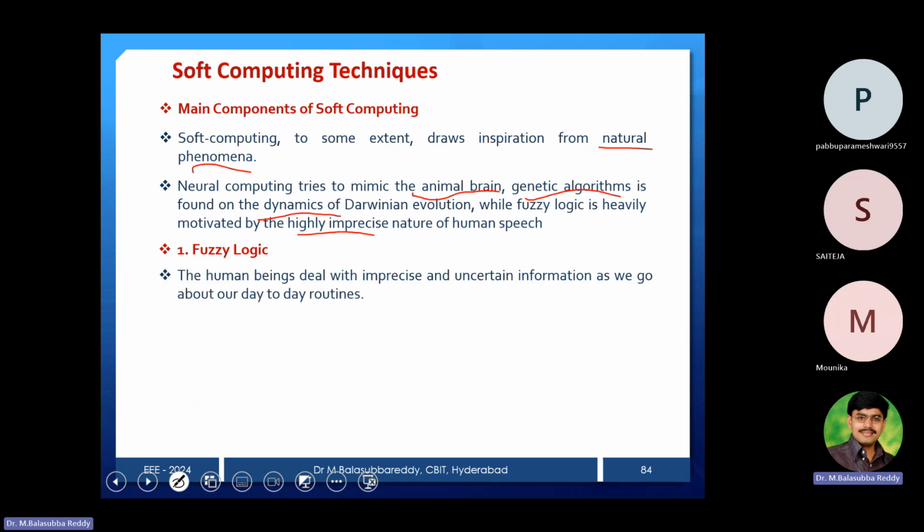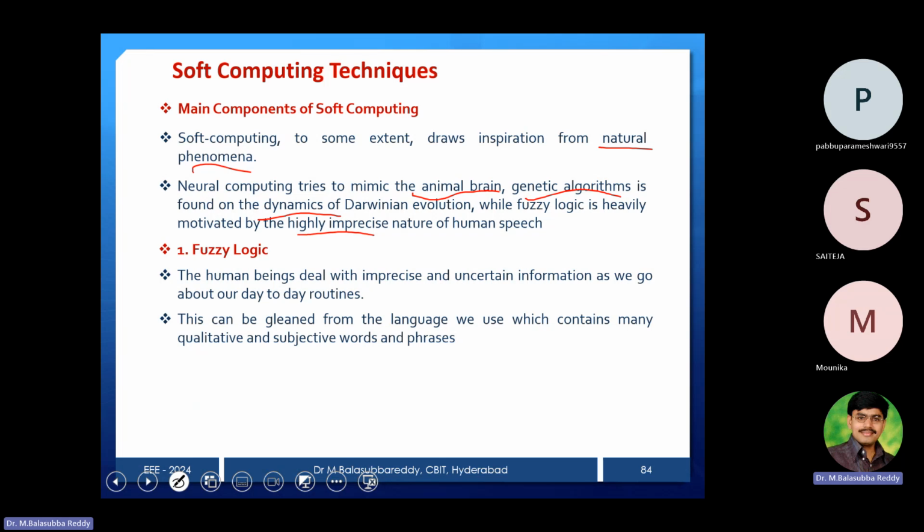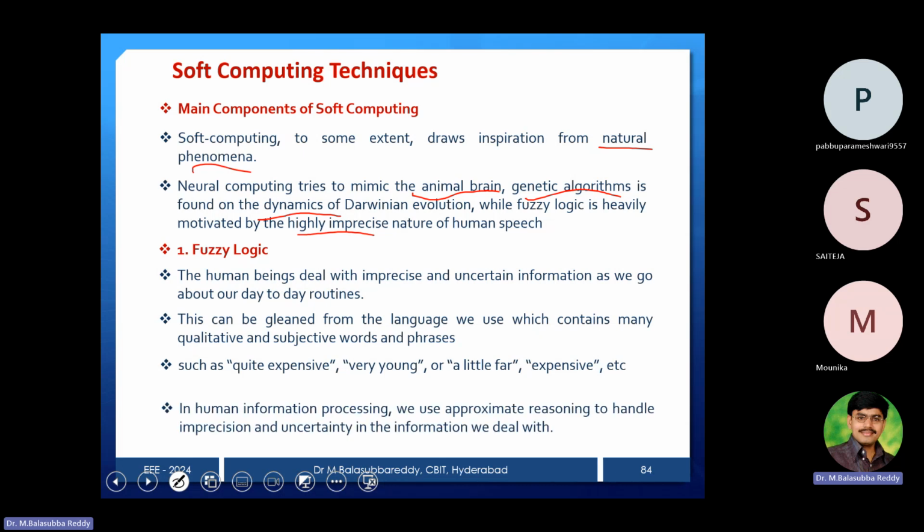We'll see fuzzy logic. Human beings deal with imprecise and uncertain information as we go about our day-to-day routine. This can be seen in the language we use, which contains many qualitative and subjective words and phrases, such as quite expensive, very young, a little expensive.